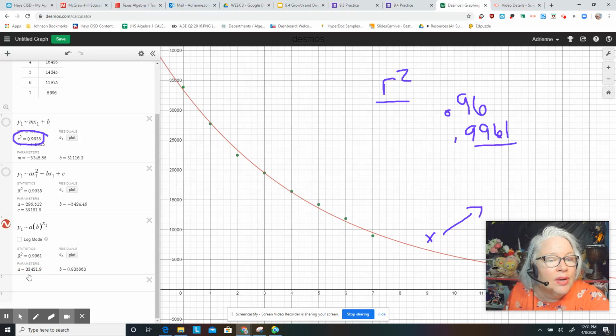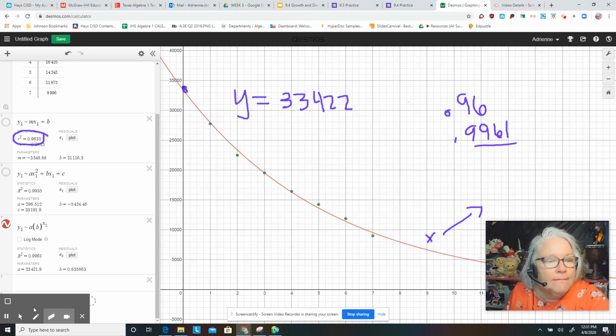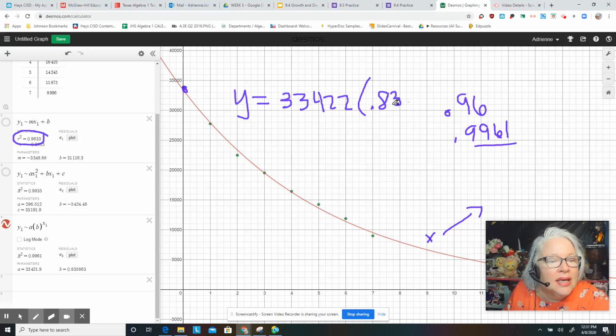A is 33421.9. So our equation will be y equals 33,422. I'm going to round. That's about the price our car is starting at. B is 0.8358.